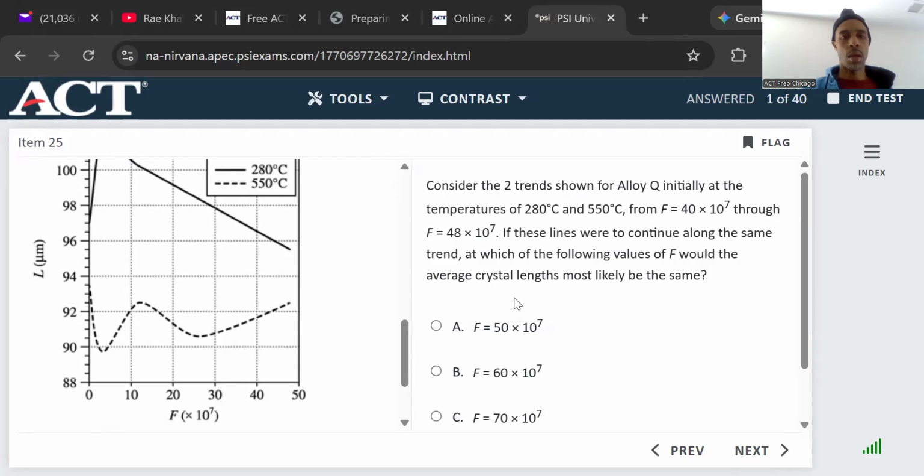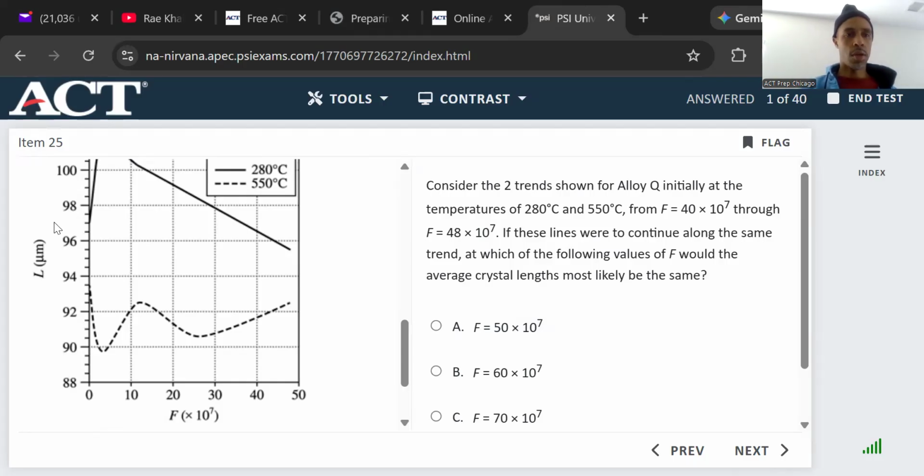Something is wrong with my pen. That's going to be a problem. Let me see if I can finish this one without the pen.